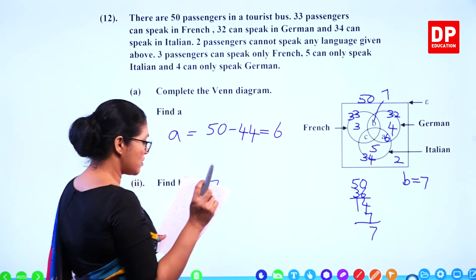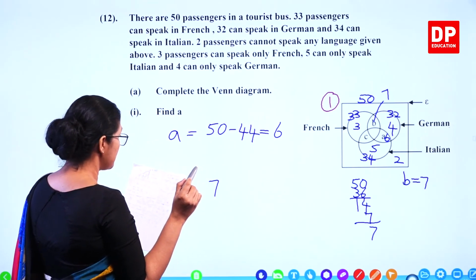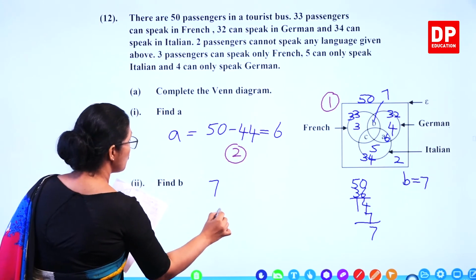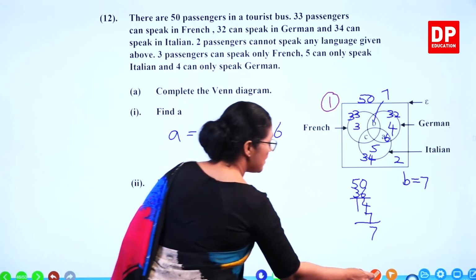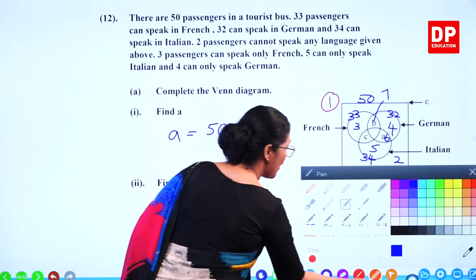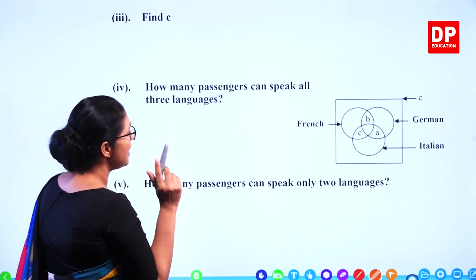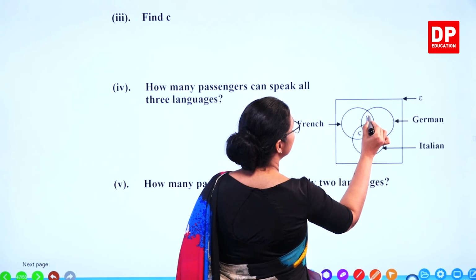Venn diagram, you are just getting 1 mark. A is 6, you are getting 2 marks. And B equals 7, 2 marks. So we'll see the next page. You need to find out the value of C. So C, you need to now write down all the values there.